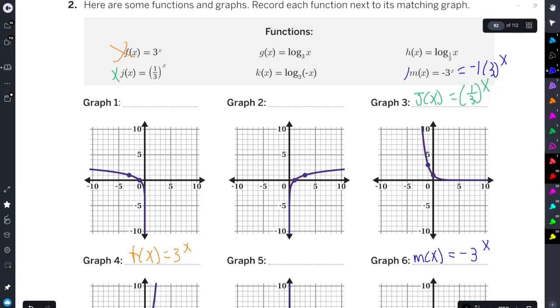All right, so we got the exponential ones done. Now, the most basic logarithmic graph has a vertical asymptote at x equals 0, and it increases from left to right. So graph number 2 is going to be this one right here. And when we graph more of these, this will make a little bit more sense.